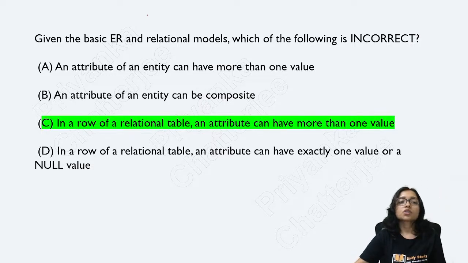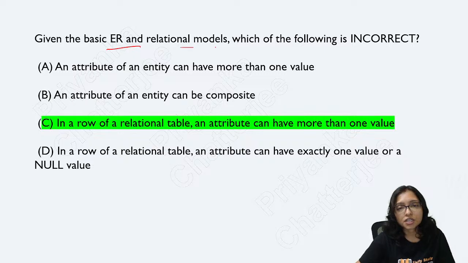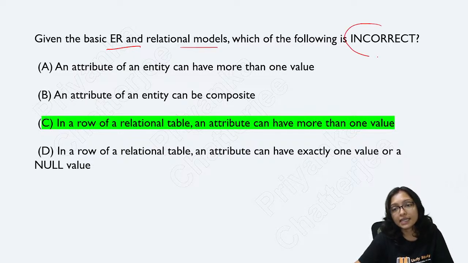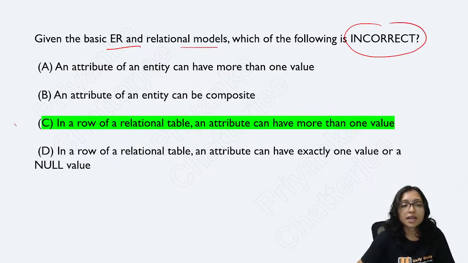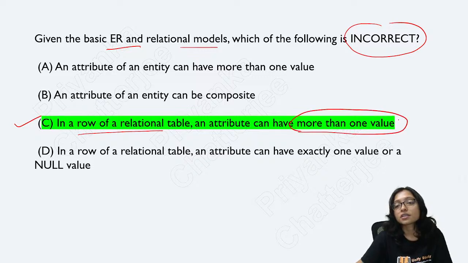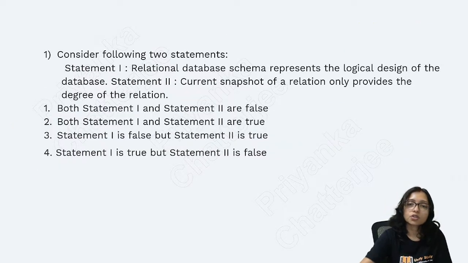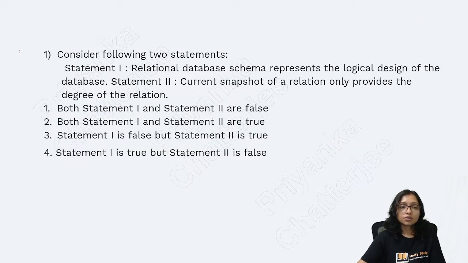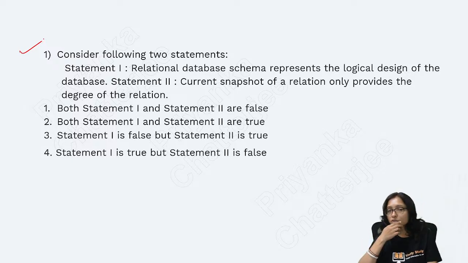Yes. So given the ER diagram and relational model, which one is incorrect here? This one is incorrect, because in a row of a relation there cannot be more than one value for an attribute. More than one value means multi-valued, and that is not possible.